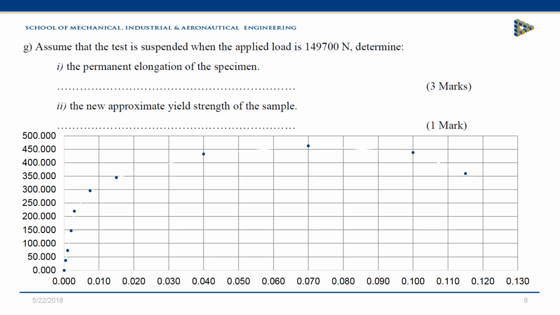Right, now, this was the question I was answering earlier where I made the mistake. It says, assume that the test is suspended when the applied load is 149,700 newtons. Determine the permanent elongation. So the trick here is the permanent elongation. So the first thing we need to do is work out our area, which if you had recorded it already, you would have it. I unfortunately cleared it from my calculator.